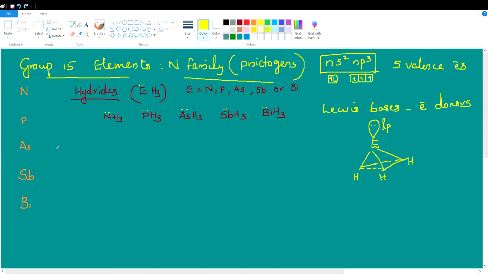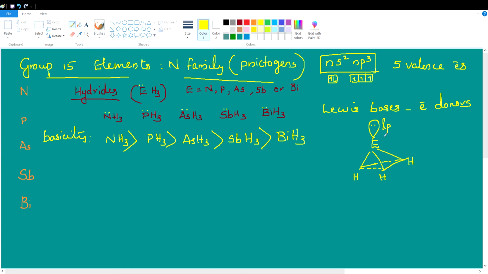We can compare the basic character, basicity of the hydrides. When you compare, we see that ammonia is the strongest base. Ammonia is a stronger base than phosphine, than arsine, than antimony hydride, than bismuth hydride. Strongest base ammonia, weakest base bismuth hydride. This is due to the lone pair electron density.